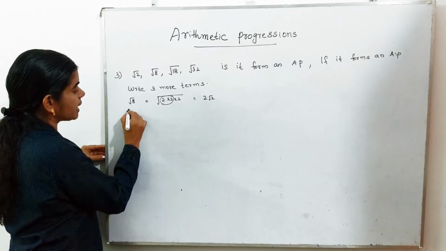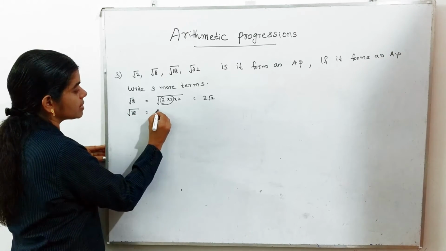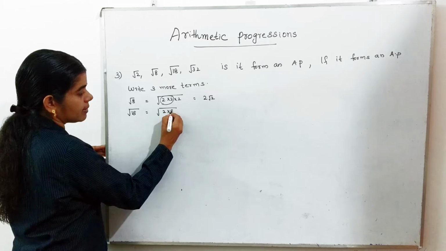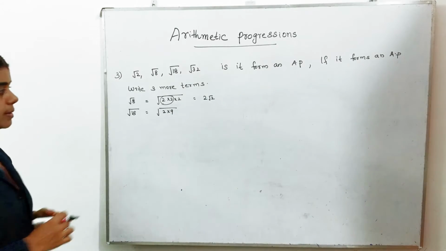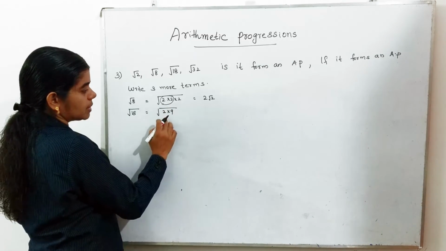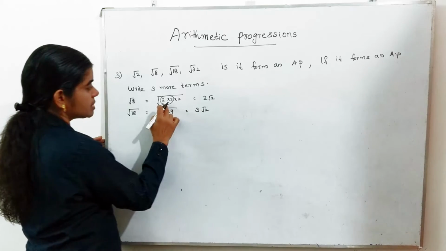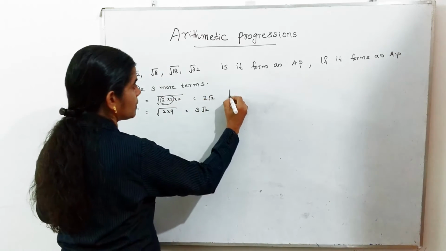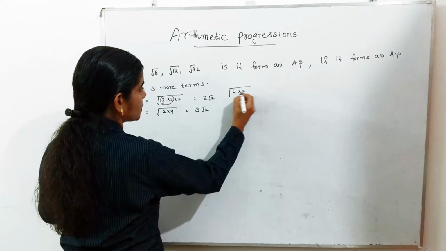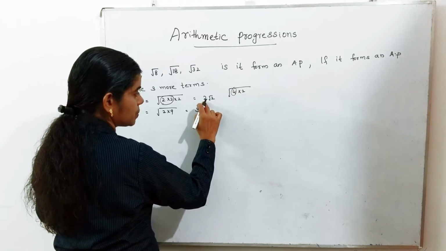Like that root 18, how can you write? 2 into 9. Then 9's root will be 3, therefore 3 root 2. Thus instead of this, root 8 again you can write as 4 into 2. Then 4's root will be 2, 2 root 2.